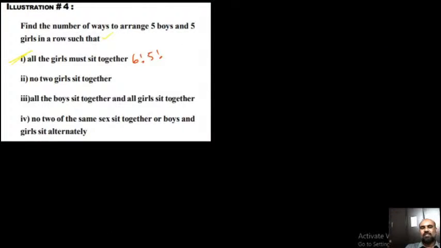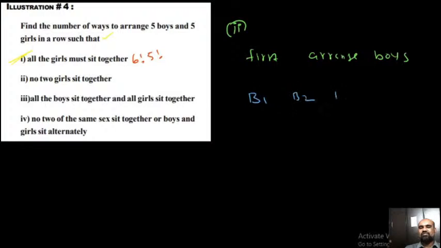Second one. Okay, first arrange boys. B1, B2, B3, B4, B5. 1, 2, 3, 4, 5, 6.